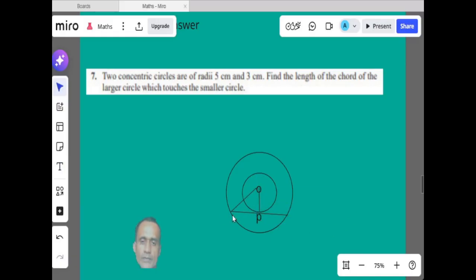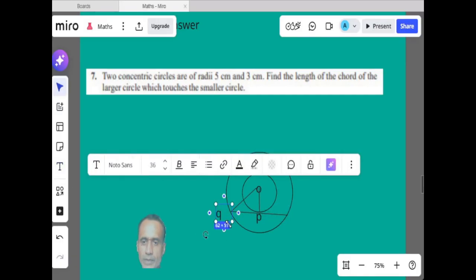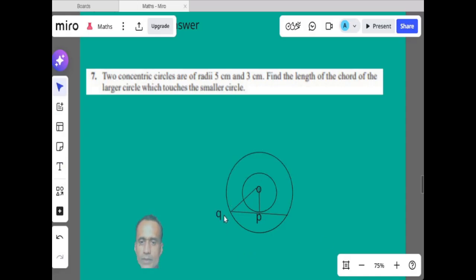So what do you see? If this point is, say, Q or R, then QP is what? It is tangent to this circle. So this angle must be 90 degree. And what about OQ?